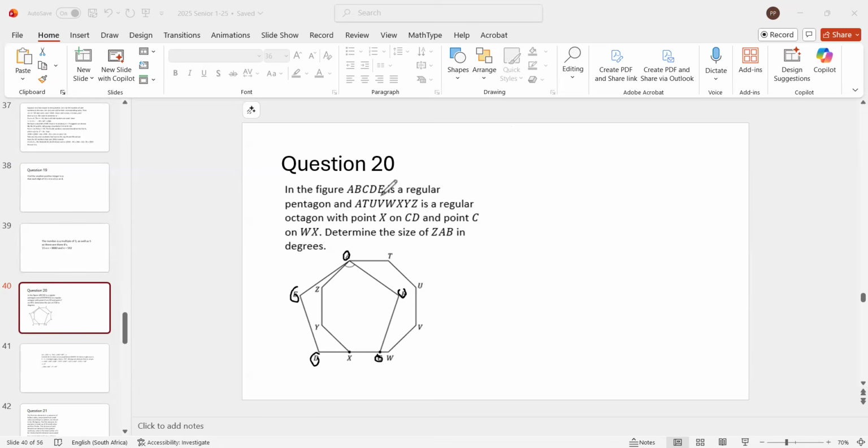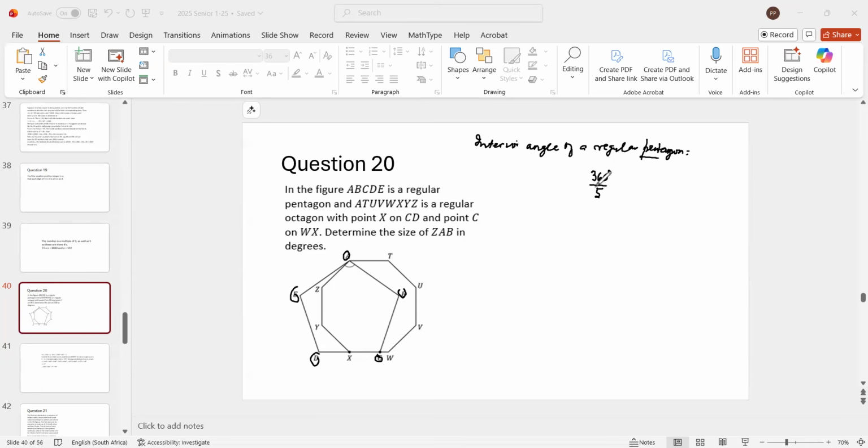So for a regular pentagon, if you want to calculate the interior angle, the 5 exterior angles sum up to 360 degrees, and they're all equal because it's regular.